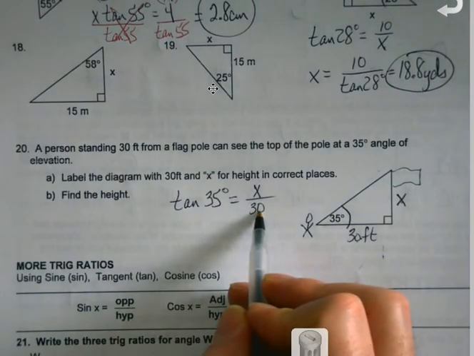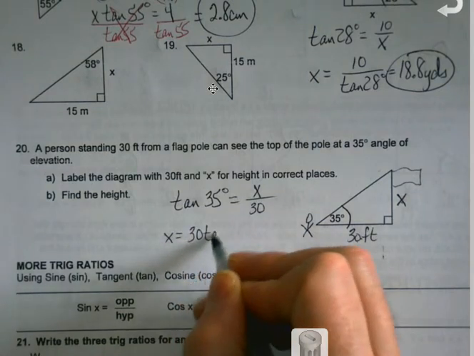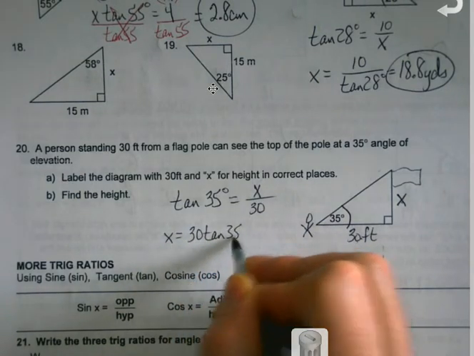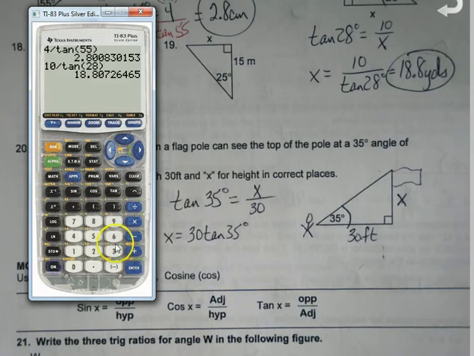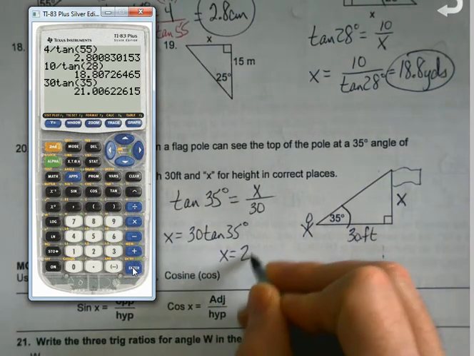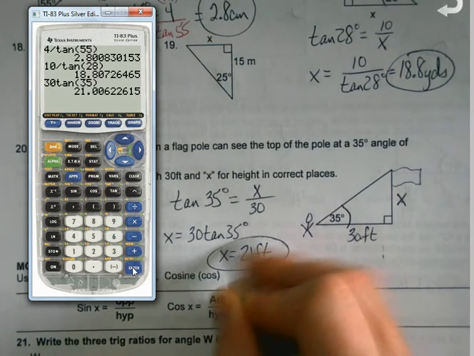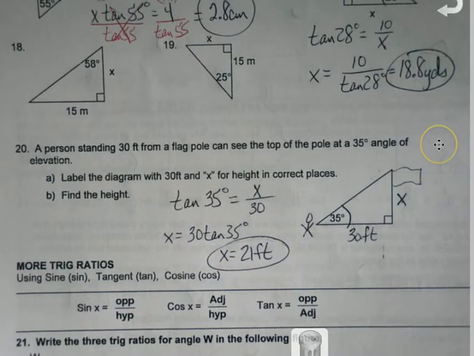Since the number's in the denominator, my x value is just going to be 30 times the tangent of 35. So it looks like we have ourselves a flagpole that's about 21 feet tall. And we go on with our lives.